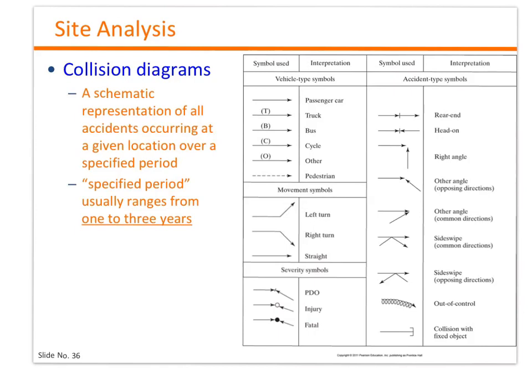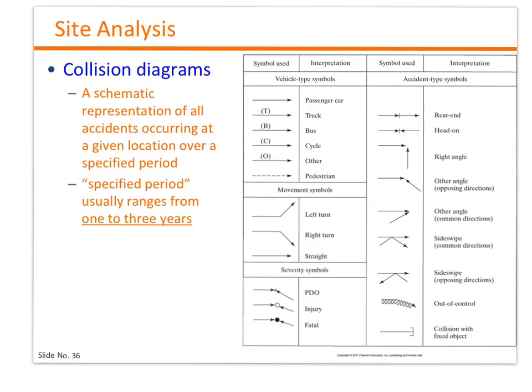Also, we need to show in the collision diagram the accident type. If we see two back-to-back arrows, that means it's a rear end accident. If we see two arrows heading towards each other, that's a head-on accident. Two arrows making 90 degrees indicates a right angle accident. And again, it goes all the way with different types of accidents.